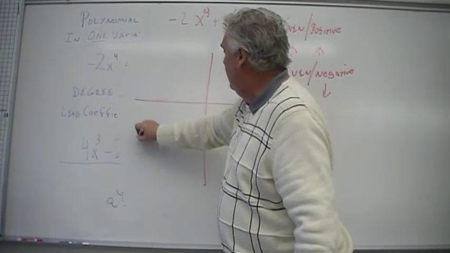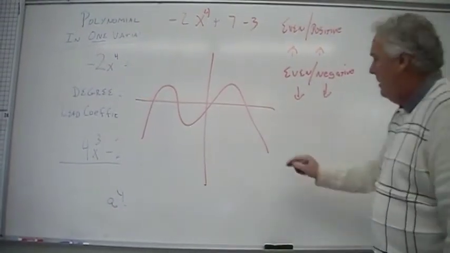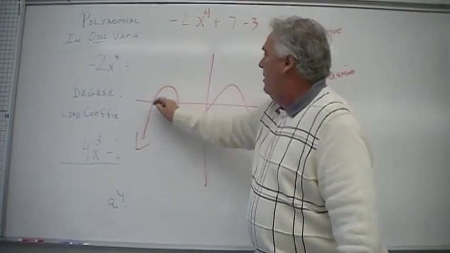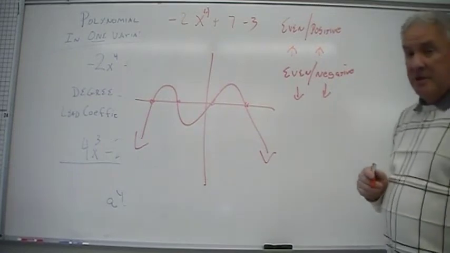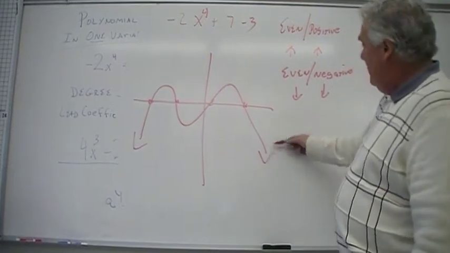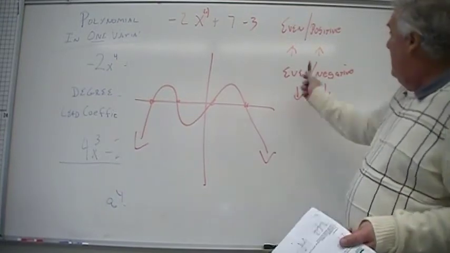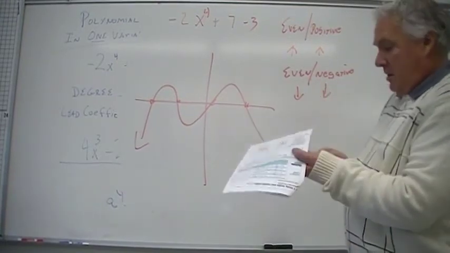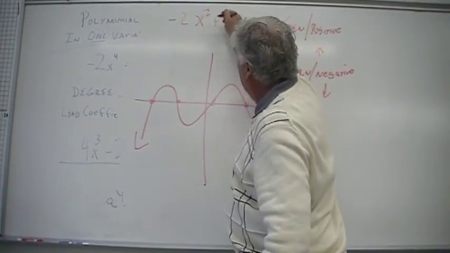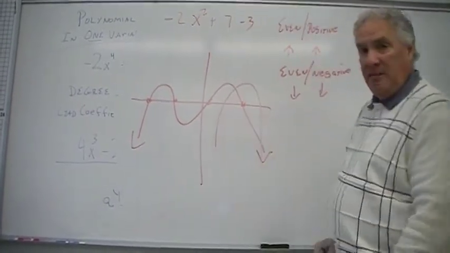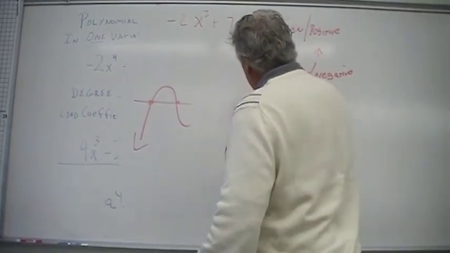It might look like this. 1, 2, 3, 4 zeros. It doesn't have to be 4 zeros, but that's the most. The end behavior is down, down when it's even and negative. Okay? Kind of like if this was squared, it would just be a parabola like that. So there's that one.